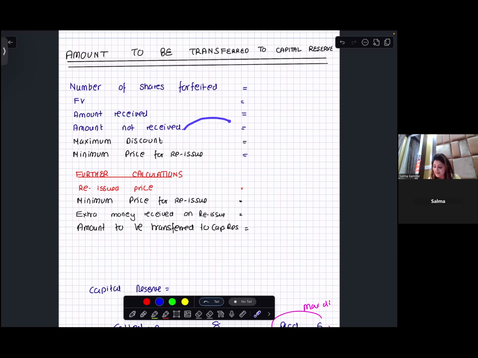Amount not received is the minimum price for reissue. Your further calculations would be your reissue price, your minimum price for reissue, and the extra money that you received on reissue, which is the reissue price minus the minimum price. You will get the amount to be transferred to capital reserves.